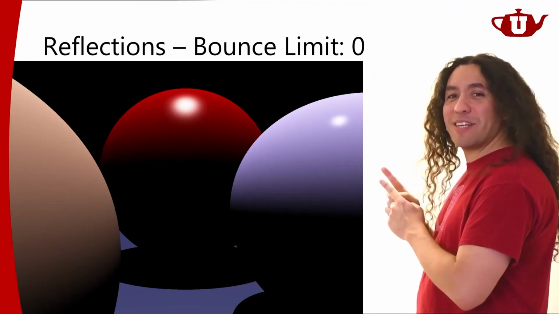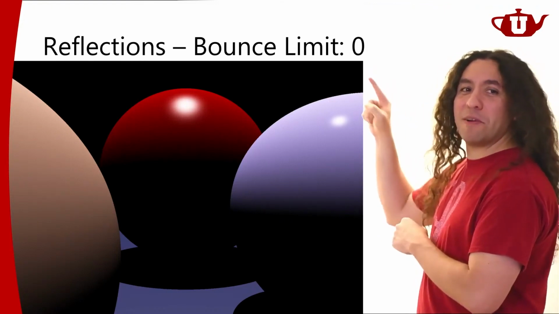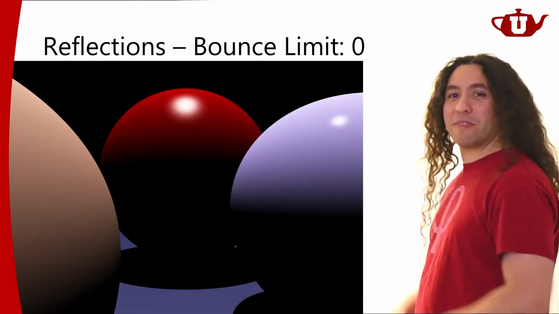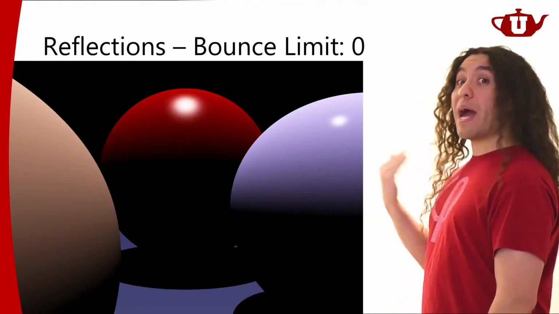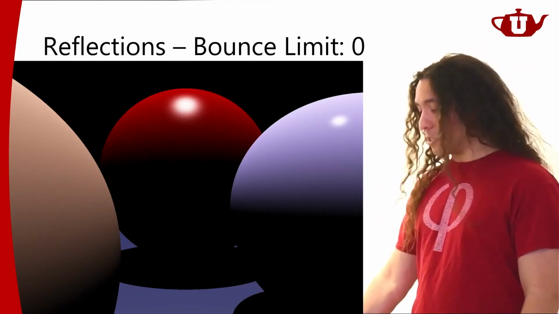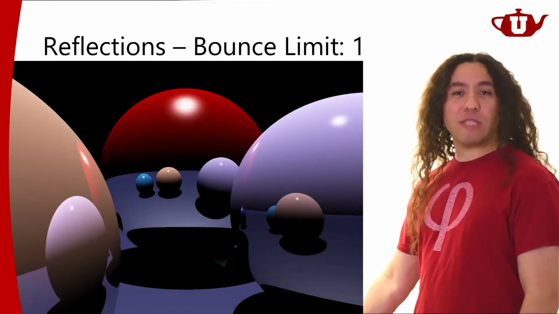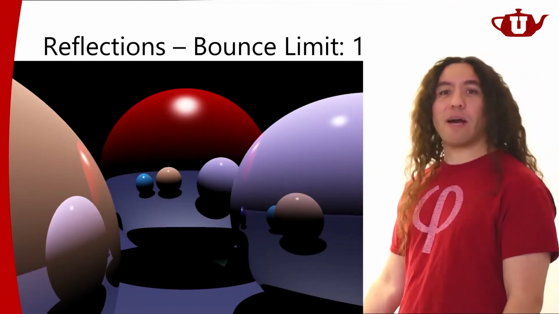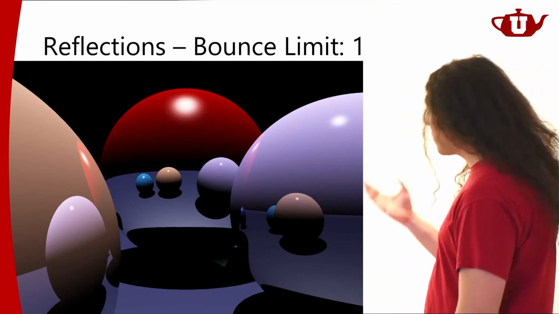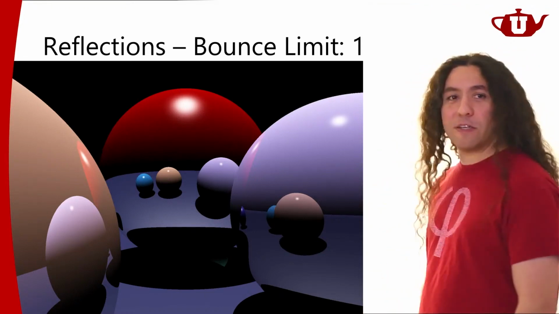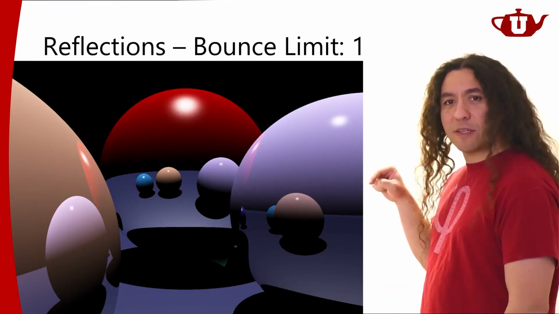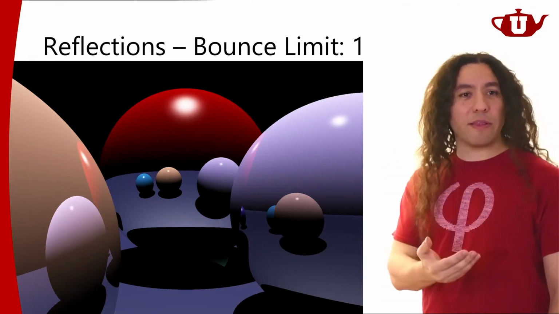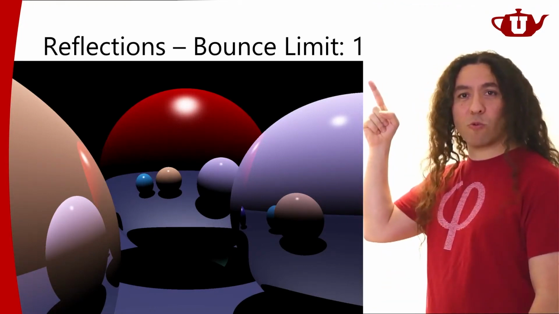By shading these points, I reach my bounce limit of 0, so this sphere's got no reflection. So if I let them have one bounce of reflection, just one bounce, I will be able to see reflections of the sphere. So now I'm seeing the reflections of the spheres on these spheres. Very good. But these reflected spheres don't have any reflections on them, right? Because my bounce limit is 1.